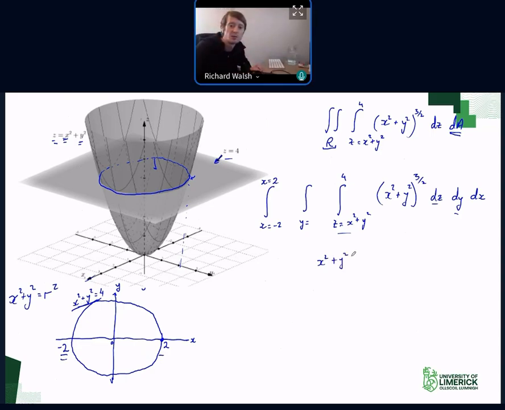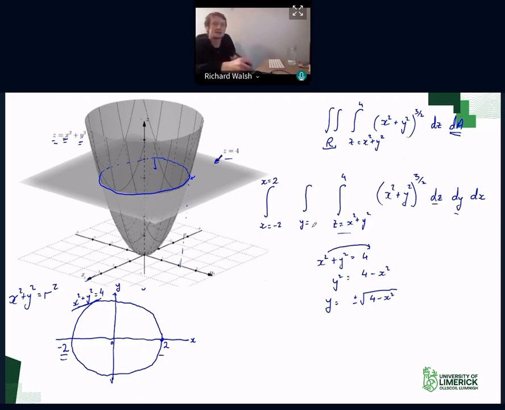So x squared plus y squared is 4, so y squared equals 4 minus x squared. So y itself would be the square root of 4 minus x squared, but we're looking for an upper and a lower limit, so I'll say plus or minus. When you take the square root of 16, let's say, it's plus or minus 4. So y will be from minus the square root of 4 minus x squared up as far as plus the square root of 4 minus x squared.